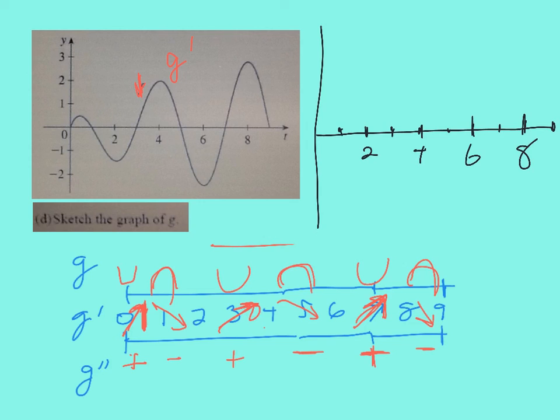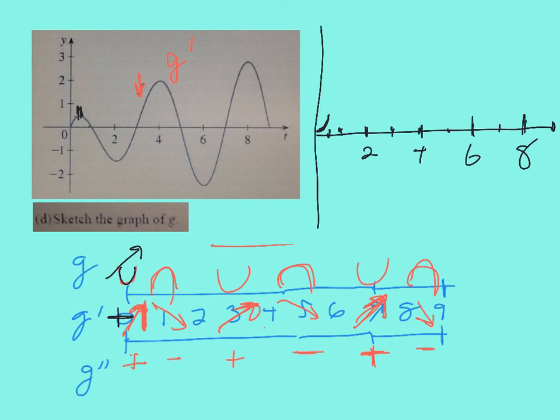All right, now let's analyze our chart and our graph together. And we can see from 0 to 0.5, our derivative is positive. That means we're going up and we're concave up. So from 0 to 0.5, we're going up and we're concave up. Now, from 0.5 to 1, we're still going up.